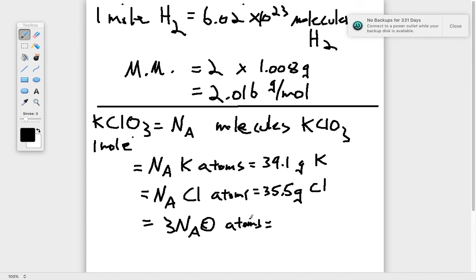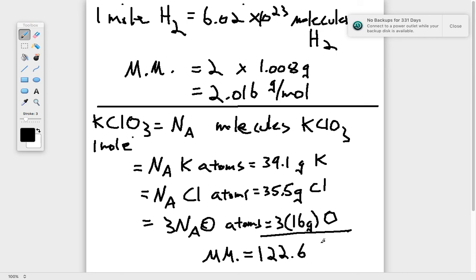Oxygen is 3 times 16. That is the molar mass for 1 mole of oxygen atoms, but we have 3 moles of oxygen atoms. And then, if you add these up, the molar mass of KClO3 is 122.6 grams per mole.